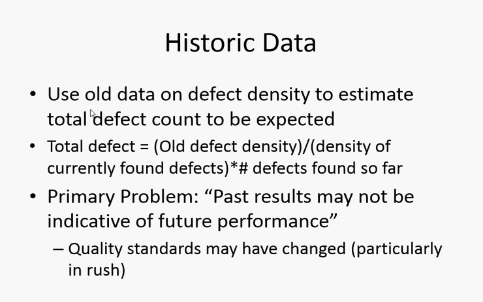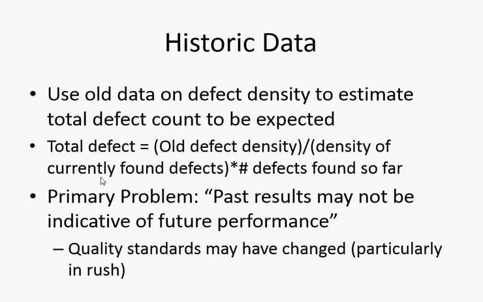So here, we have some old defect density, and you're going to estimate a total number of defects by saying, here, what's the typical defect density? And you'll divide it by the density you've currently found in that code base times the defects found so far, and you will arrive at an estimate of the total defects.